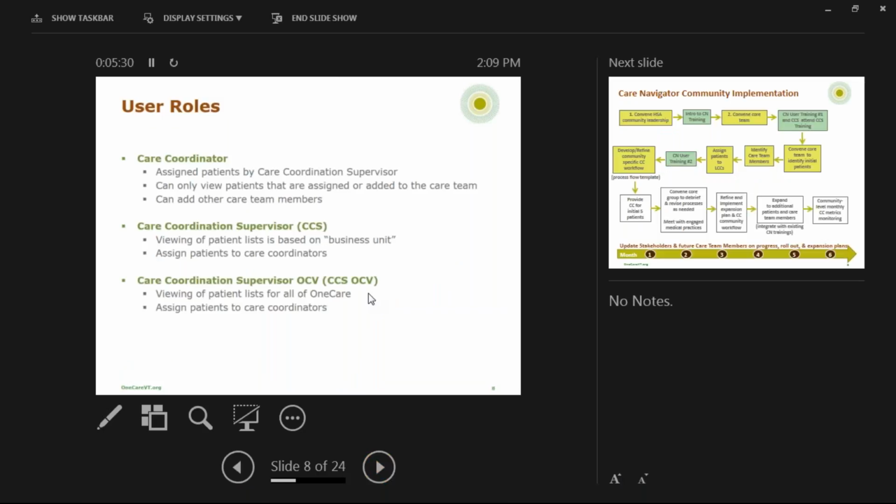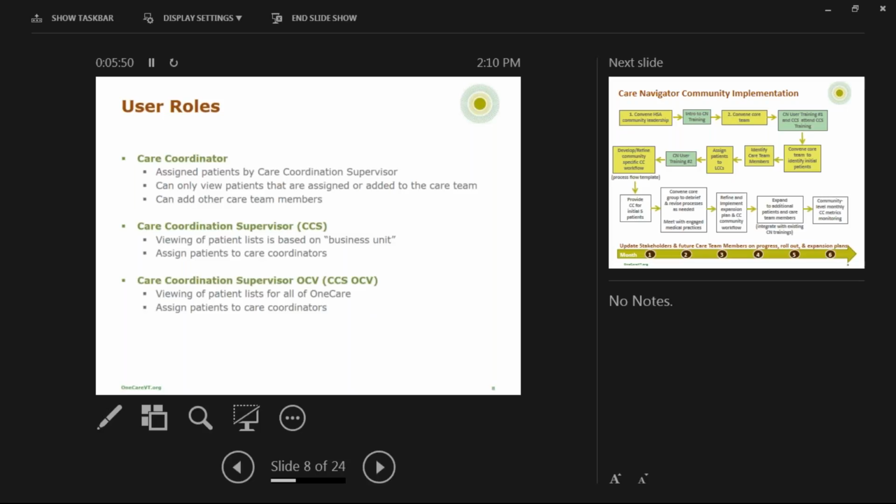So in the Care Navigator, there's the role of the Care Coordinator, and this is someone who is assigned patients by the Care Coordination Supervisor. And when we say supervisor, this doesn't mean somebody who's managing people and doing their evaluations. It's someone who's looking at patient lists.